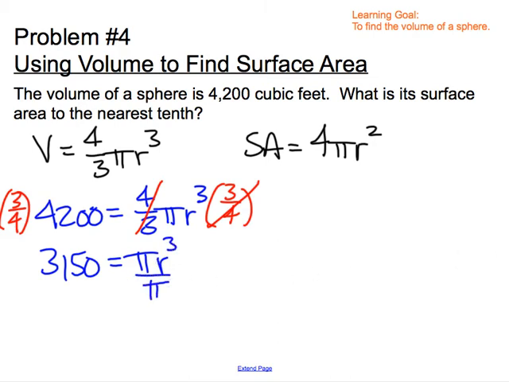So let's divide both sides of this by pi. So pi divided by pi cancels, and we get that r cubed is equal to 1002.676.